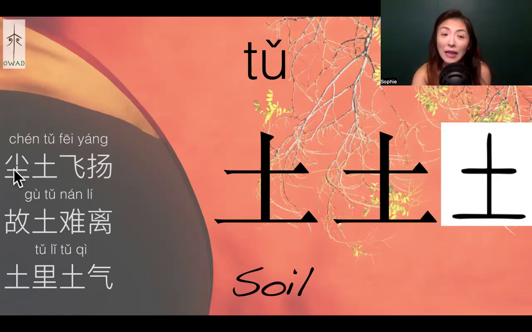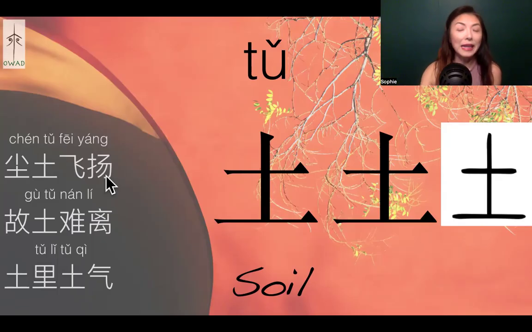That's Chen, dust, and the soil. 飞扬, fei means flying. Yang means in action, like the flag flapping. And that gives you the sense of such dust that came from soil that's flying in the air.